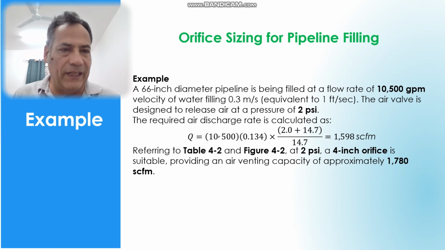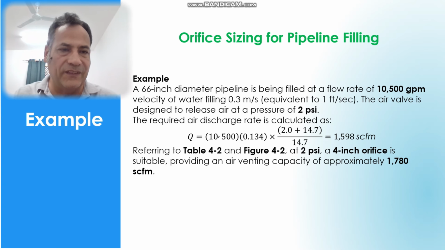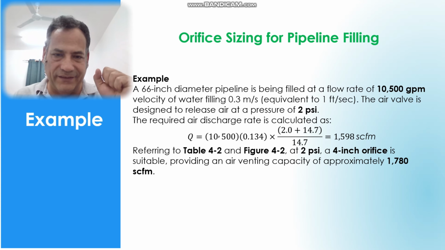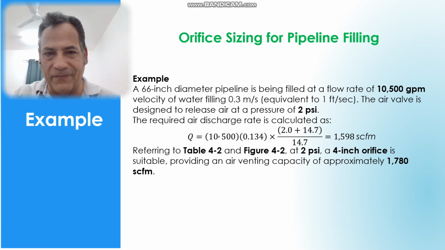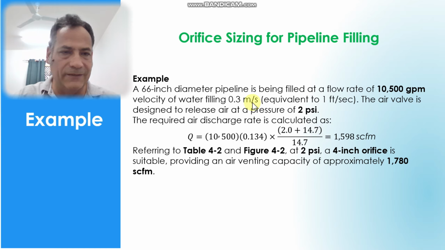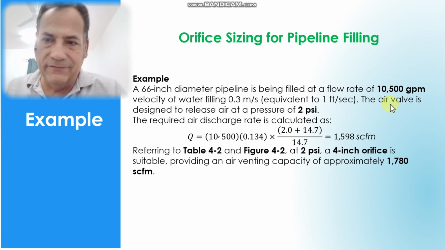Now we need to find the best selection for the size of the orifice. First we need to calculate the air flow rate. Here we have that equation. We only put all of these numbers in the example.